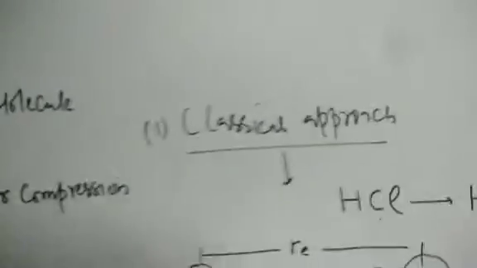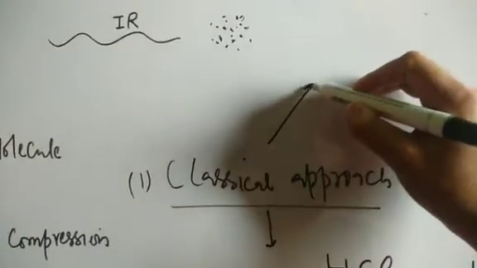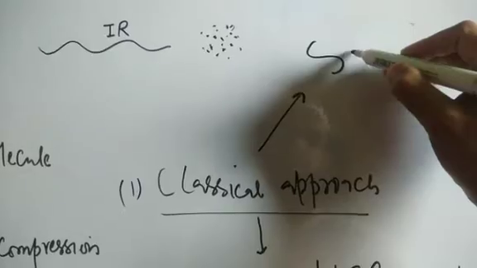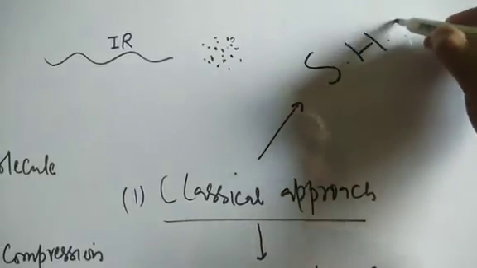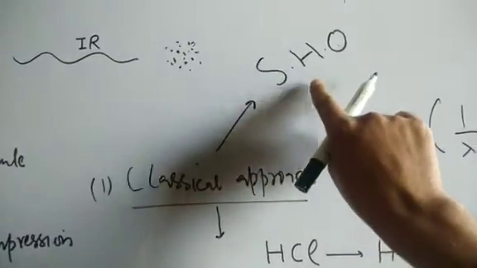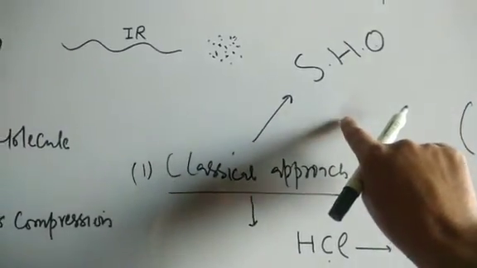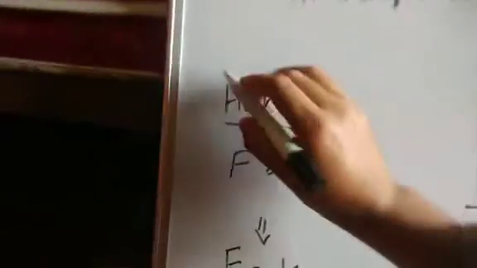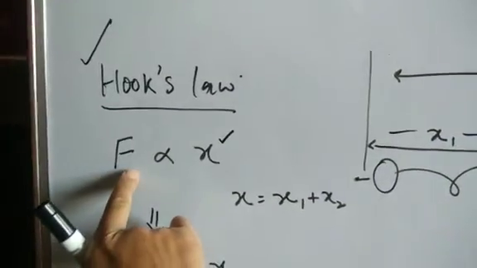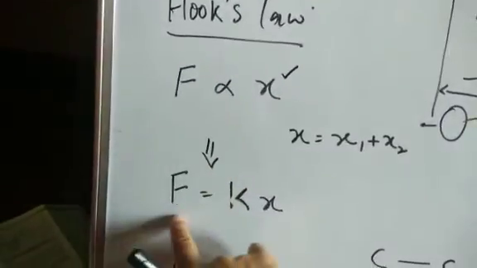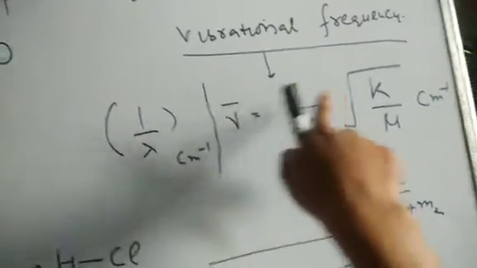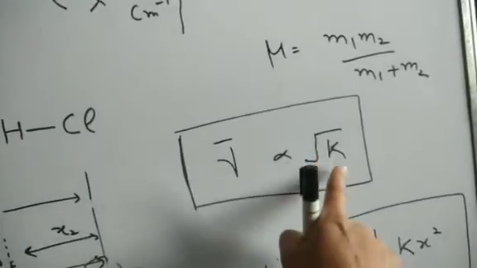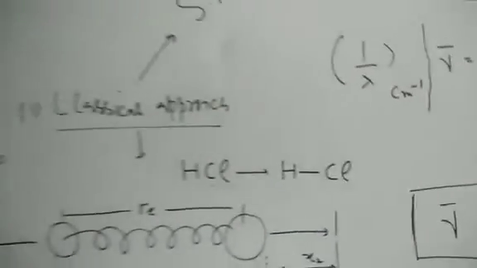So when it behaves as a simple harmonic oscillator, that means Hooke's law will be obeyed, where the restoring force developed is directly proportional to x. And then accordingly we can calculate the frequency. This is the vibration frequency of the molecule, which is directly dependent on the bond strength and inversely dependent on the mass. So this is all for the day, the basics of vibration spectroscopy.